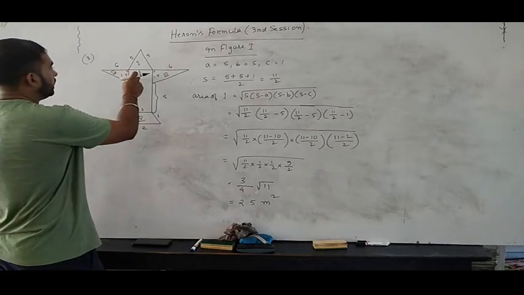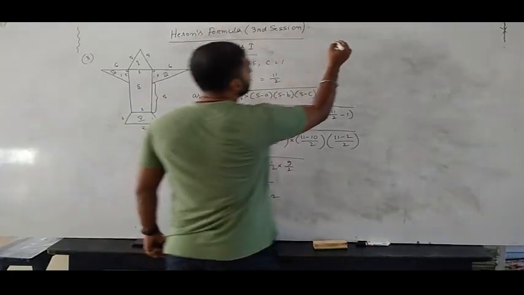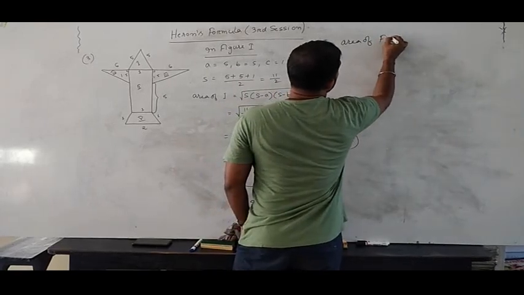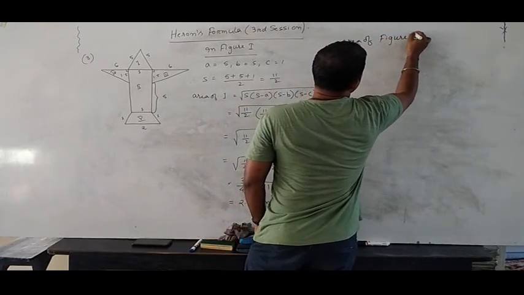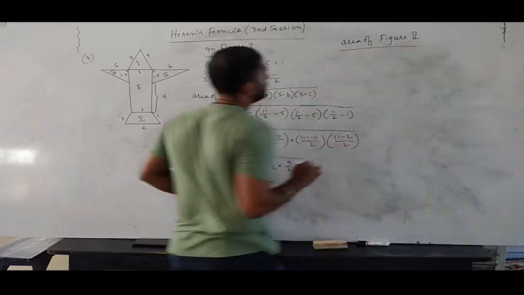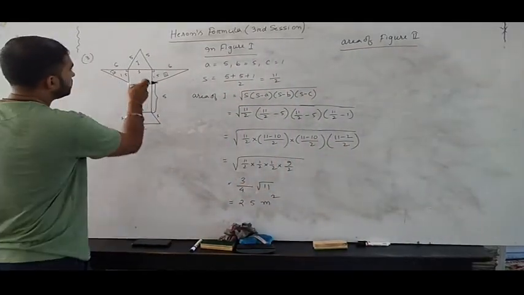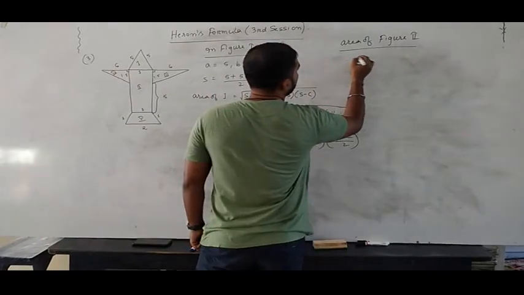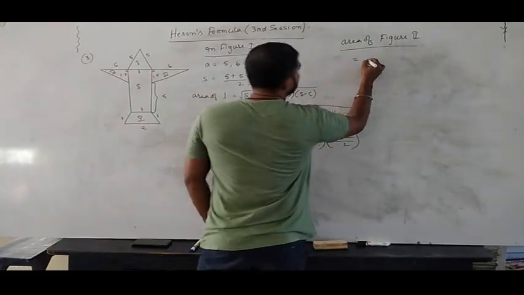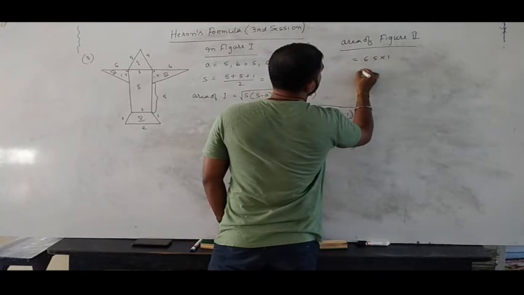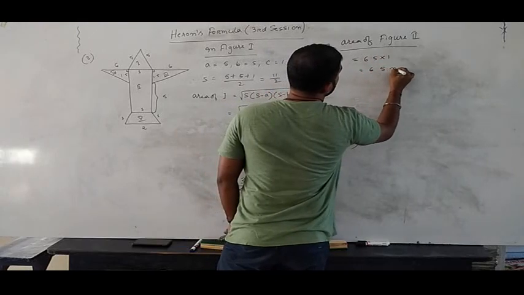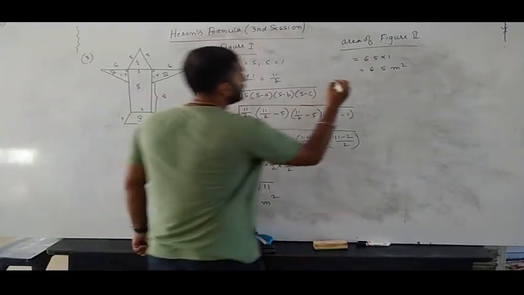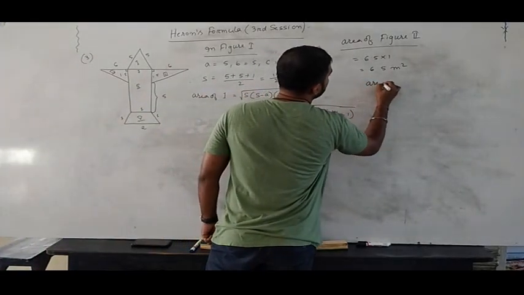Now come to diagram number 2. Area of figure 2. Now figure 2 is a rectangle whose length equal to 6.5 and breadth equal to 1. So area of figure 2 equal to 6.5 into 1 equal to 6.5 square meter. This is the area of figure 2. Now area of figure 3.